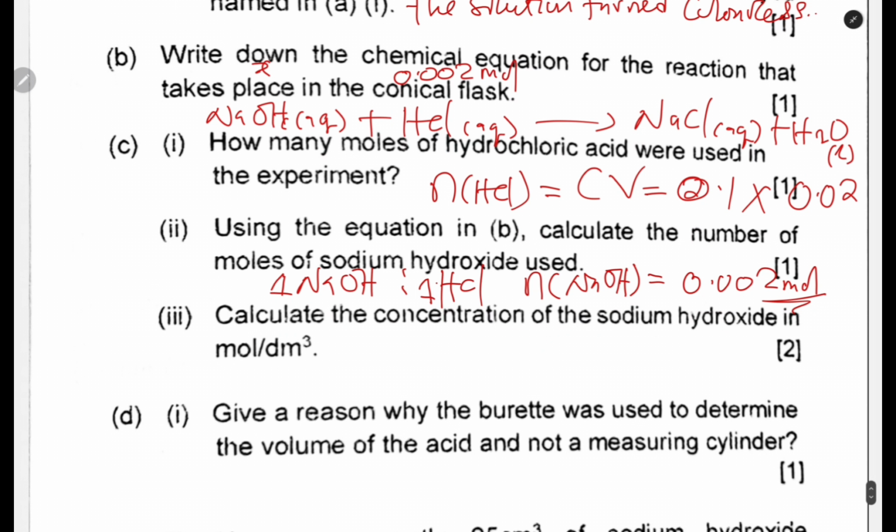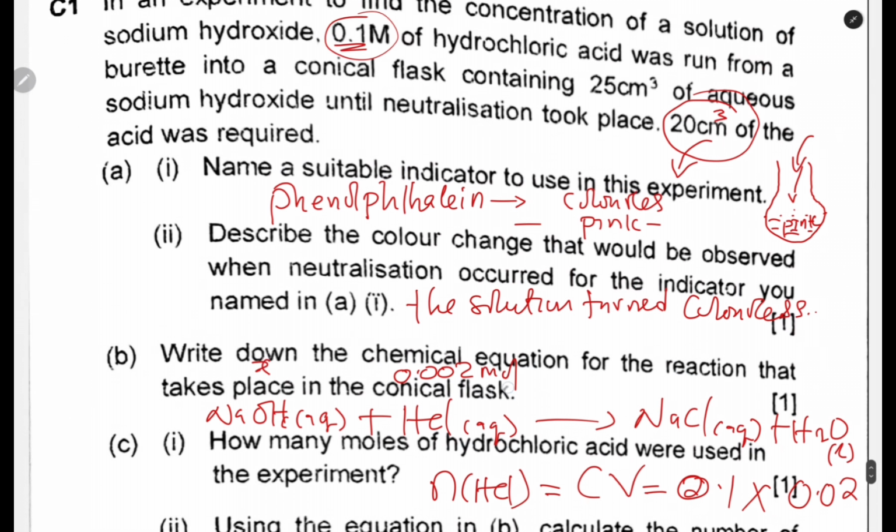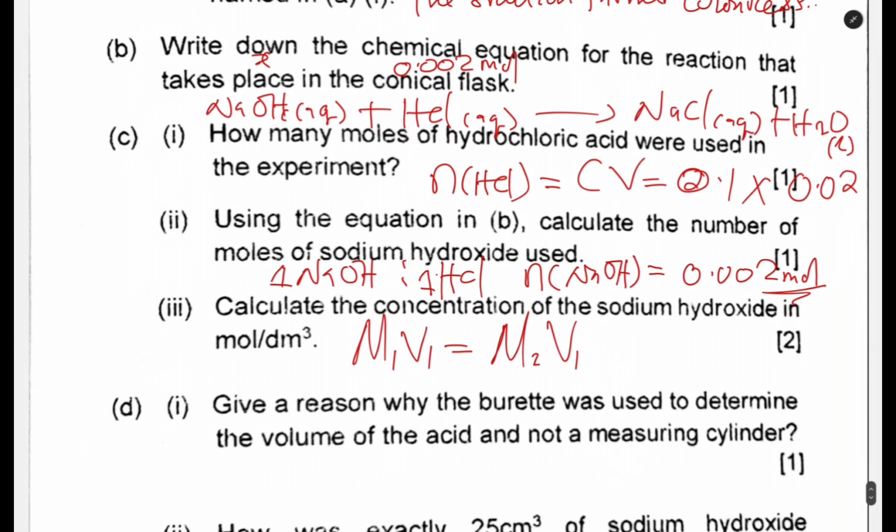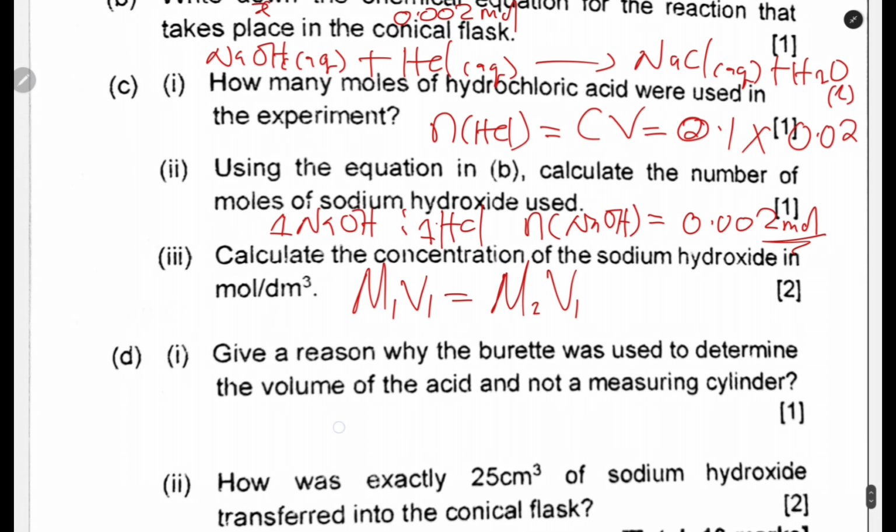Calculate the concentration of the sodium hydroxide in mole per decimeter cubed. So how are we going to calculate the concentration? You are going to use the dilution law. I guess you know this. The first concentration, that is of the acid, was 0.1. So we have 0.1 multiplied by the volume, which was 20, that is 0.02, equal to the concentration of the base, which we do not know, M2.